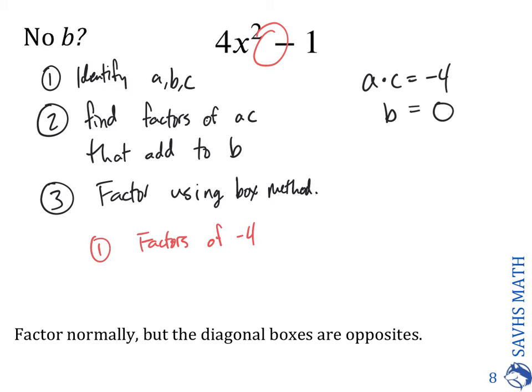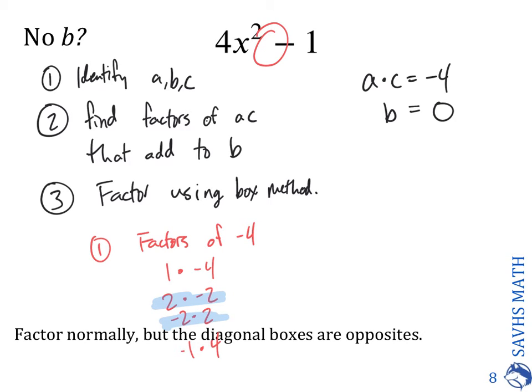I get, okay, 1 times -4. I could have 2 times -2. I could have -2 times 2, and I could have -1 times 4. Sorry. Okay, so then what is the one that works? It is either one of these, and it doesn't matter which one you pick because they're the same.